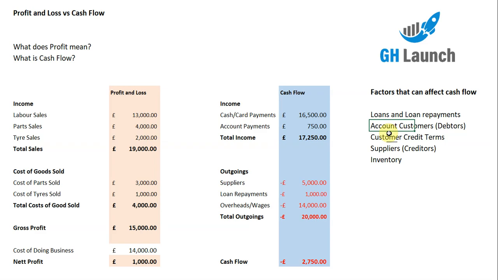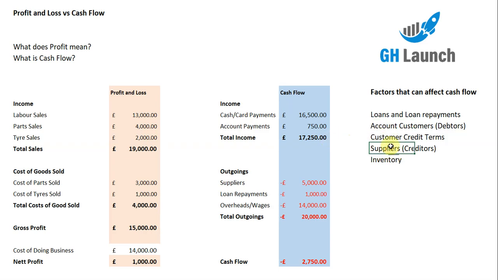So this is typically fleet. Fleet is very bad for cash flow if you do a lot of fleet work, because the payment terms can even be up to 90 days. That means you don't get paid for working on those cars for 90 days. You will have to pay your staff the current month, and you'll probably have to pay your suppliers the following month. So you could be out of cash, out of pocket for 60 to 90 days if you're doing fleet work.